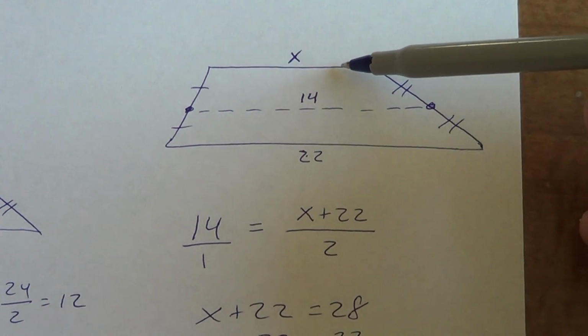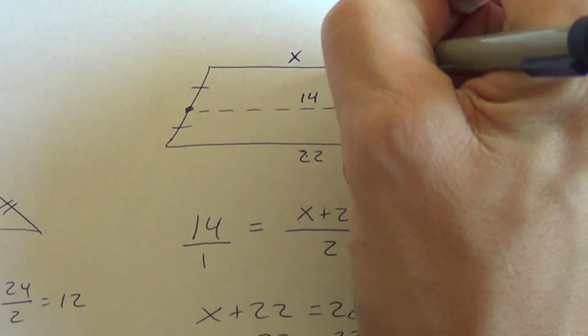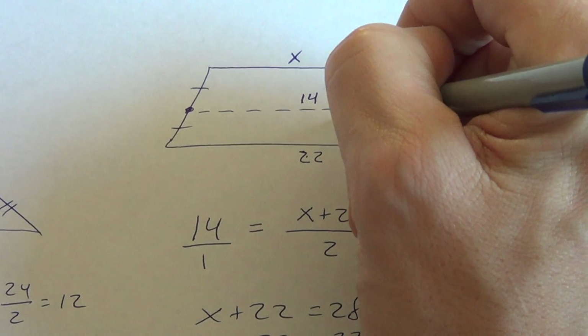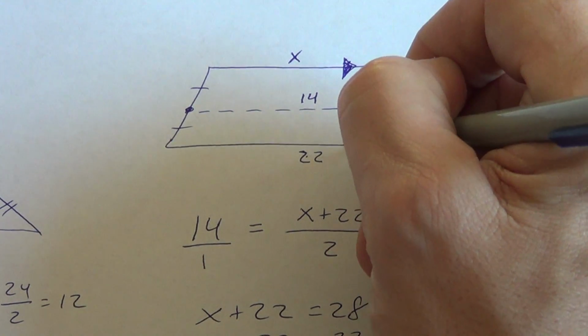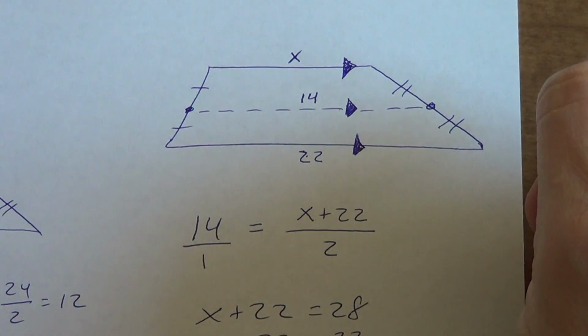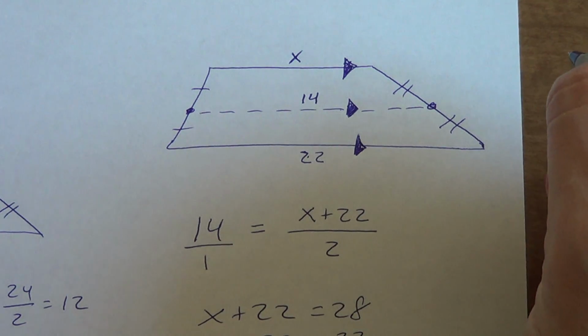And keep in mind, the mid-segment theorem also says that these three things are all parallel. The bases are parallel by the definition, and this mid-segment is parallel by the mid-segment theorem for trapezoids. Okay, so all three of those would be parallel to each other. Last thing to keep in mind is when you get parallel lines, you should start thinking alternate interior angles, corresponding angles, and things like that.